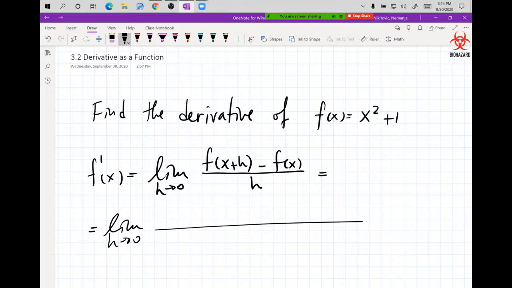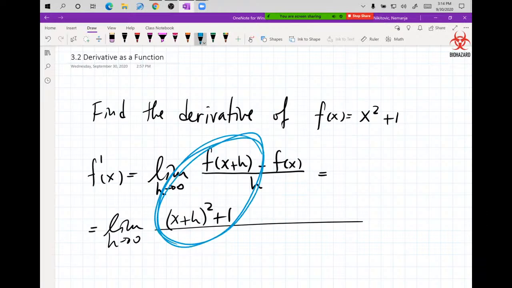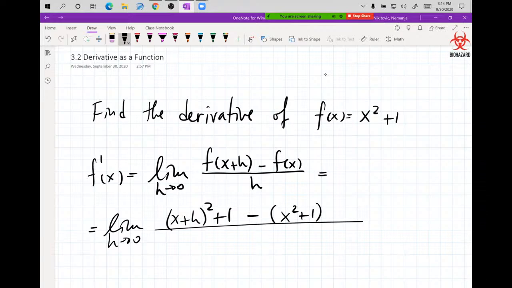And say now instead of x I have to put x plus h squared plus 1. So that would be this. Then we have minus the original function, which is x squared plus 1, everything divided by h. So that's where we start.